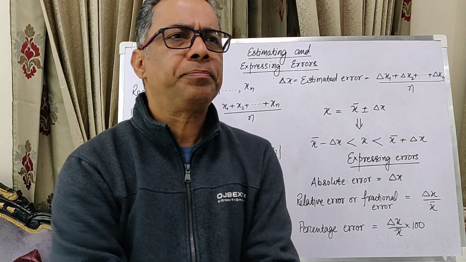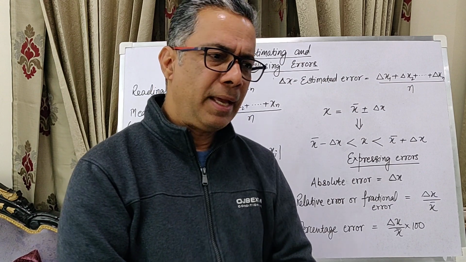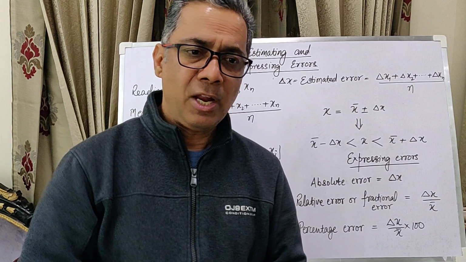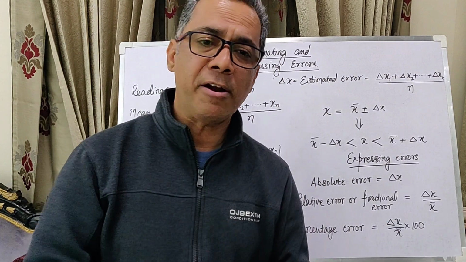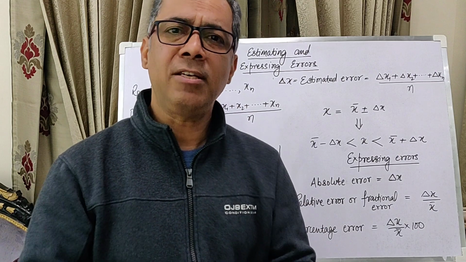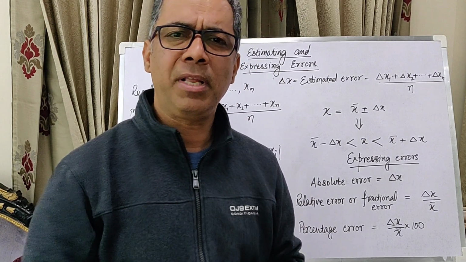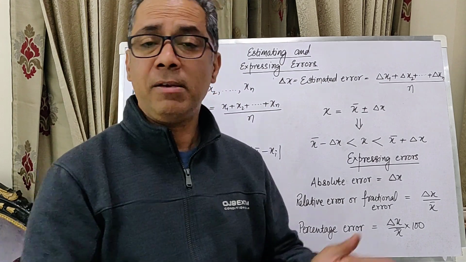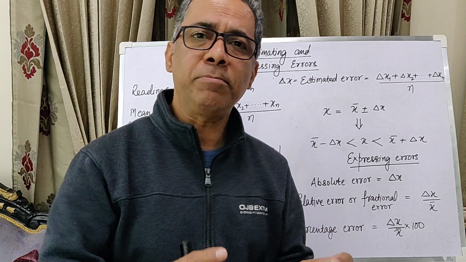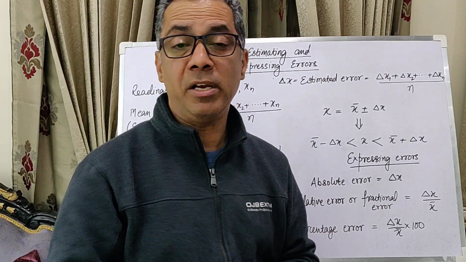For instance, if we make a measurement of 1000 meter and we get to know that there is an error of 1 meter there. Now 1 meter appears to be a fairly large error. And suppose we make a measurement of 1 centimeter in which there is an absolute error of 1 millimeter, then the 1 meter error is so much larger than the 1 millimeter error. In absolute terms, the 1 meter error is so much bigger.